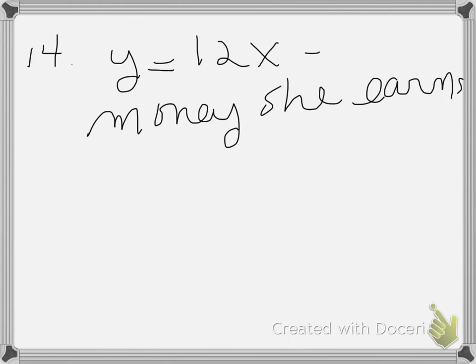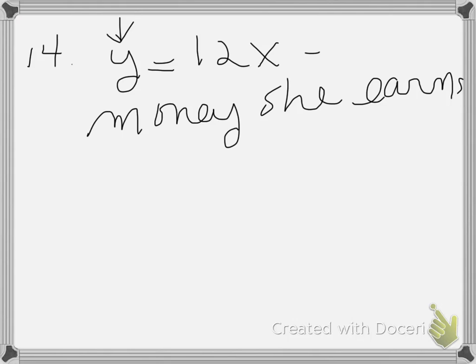And we went over this a little bit last time. What is the constant of proportionality? That means what is constant when you were to put the answer in. Like if you were to say y equals 12x represents the amount she earns, so y is the amount she earns.